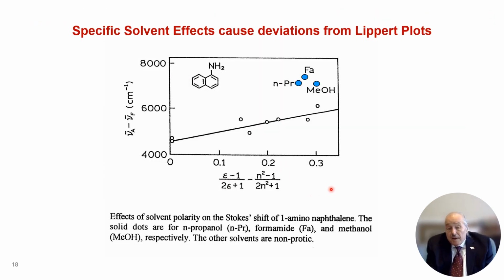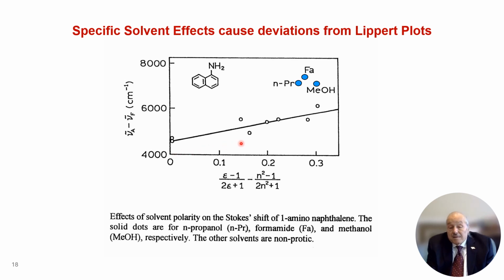So if you look at a number of molecules, considering the Lippert equation, you find that the effect I just showed you as a specific effect shows up when you're trying to calculate the dipole moments from the Stokes shift. Here, once again, we have the Stokes shifts in energy units and the orientation polarizability.